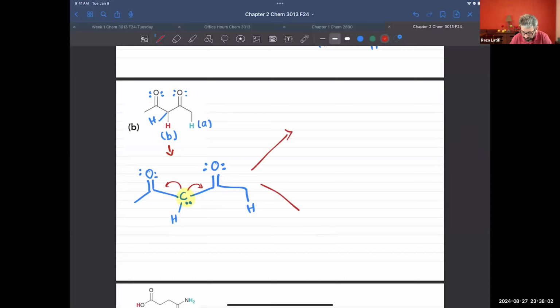If we go through pathway 1, and that's going to be 2, we will get such a thing. We will get carbon attached to oxygen, and oxygen will have 3 lone pairs. Now we're going to have carbon attached to another carbon through a double bond.